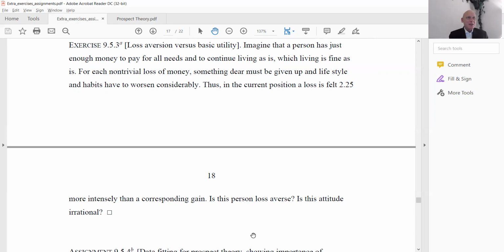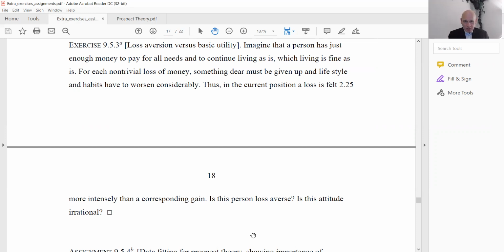Now you can raise the question, how can we distinguish the two? For instance, using the economic revealed preference approach? Well, in general, if you want to study reference dependence, you have to change the reference point and see what happens, because that's almost by definition reference dependence. What happens if the reference point changes? And also here, to see the distinction between basic utility and loss aversion, we have to change the reference point and see what happens.